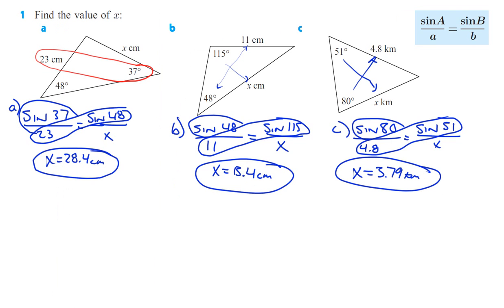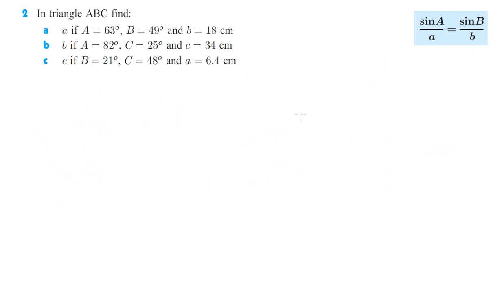All right, let's move on to the next one. Number 2, in triangle ABC, find side A if they give you all this stuff here. So I would definitely suggest drawing the triangle here.